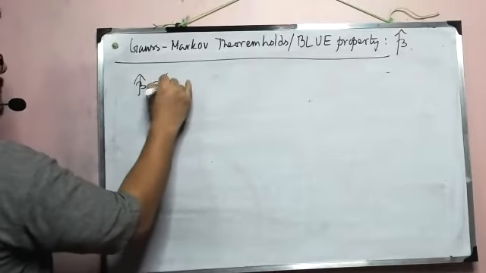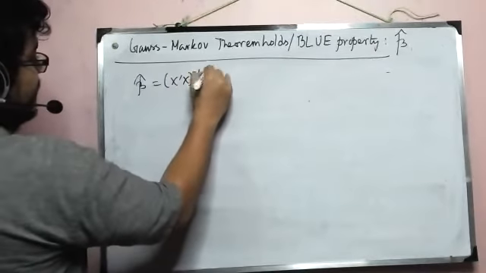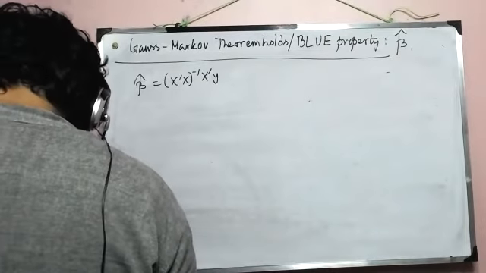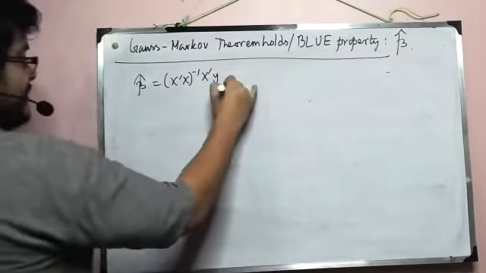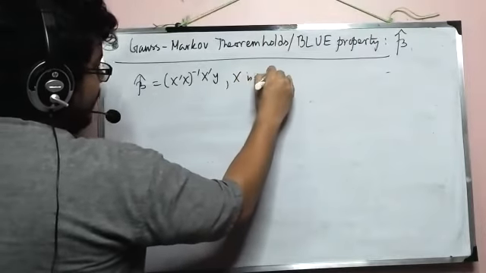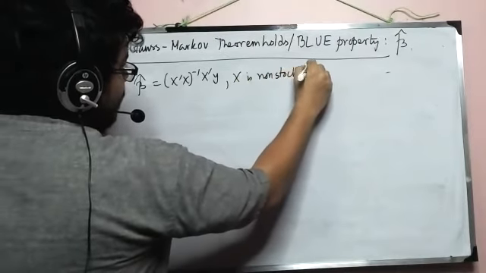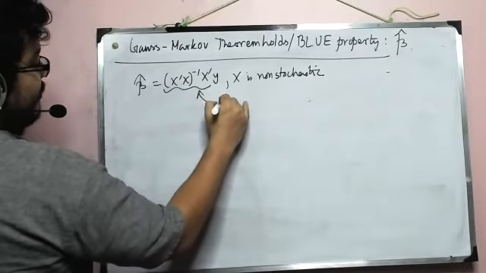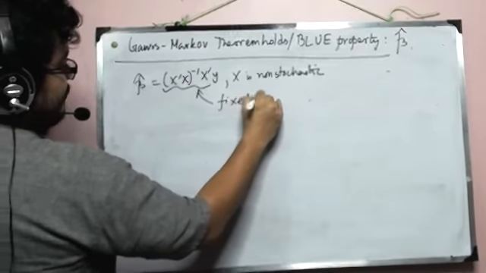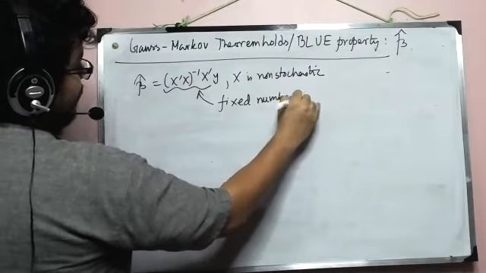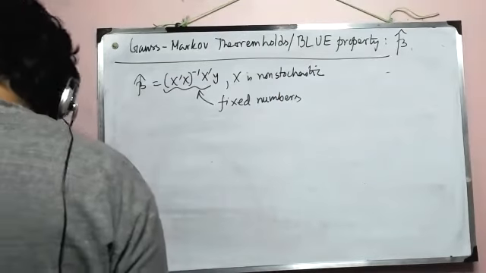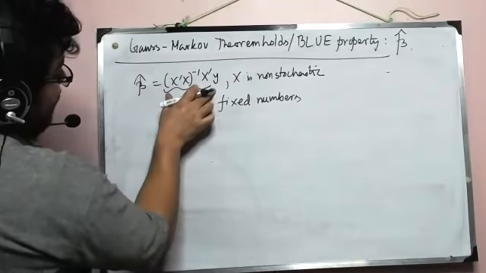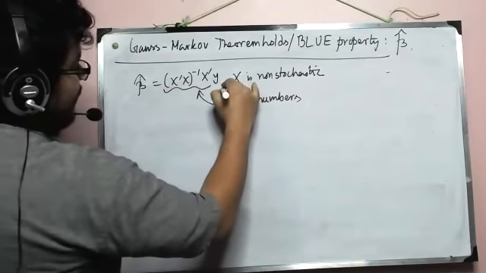Okay, so we'll start with beta hat, which is x transpose x inverse x transpose y, right? And now we know that x is non-stochastic by assumption. So to this part, we're looking at fixed numbers. As long as this is just a matrix of fixed numbers, and y, what is y?